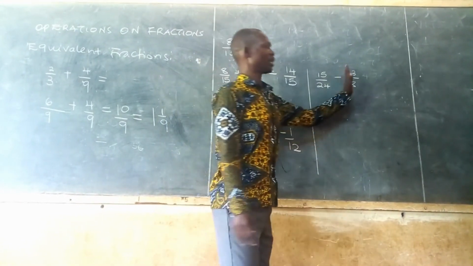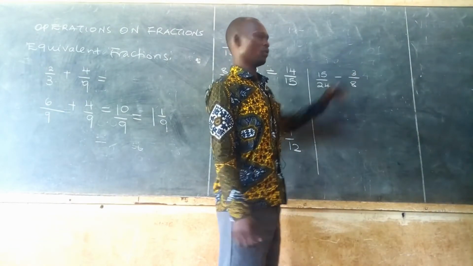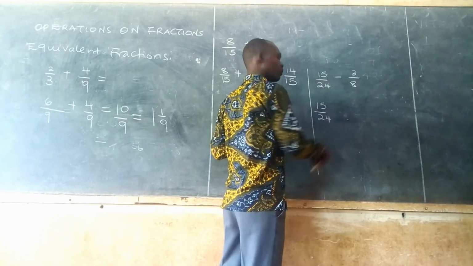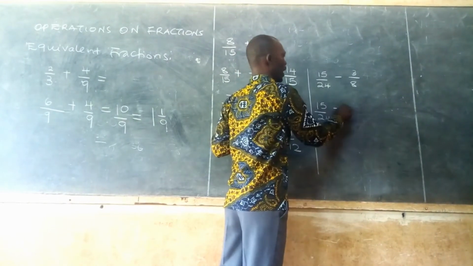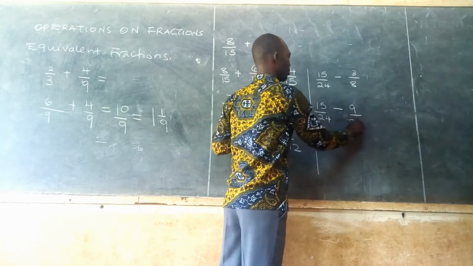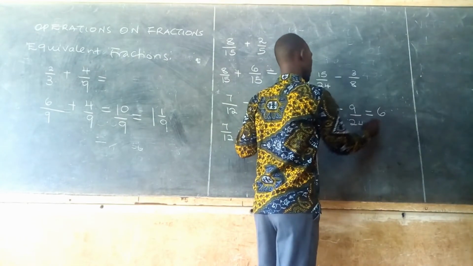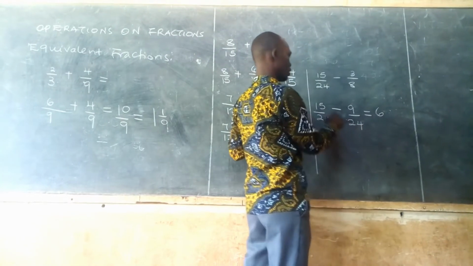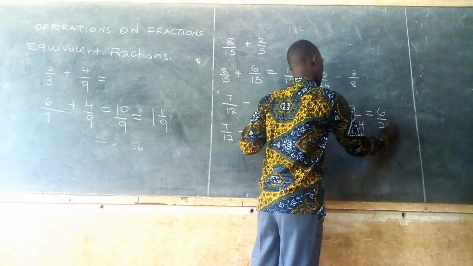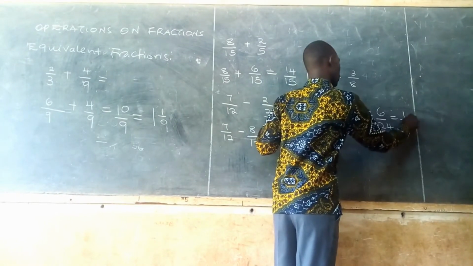That means I'll multiply everything in the second fraction by 3, both the numerator and denominator. Then I now have 15 over 24 minus 3 times 3 will be 9, 8 times 3 will be 24. At the end of the day, I have 15 minus 9 will be 6 over 24, which I can further simplify to be 1 over what?